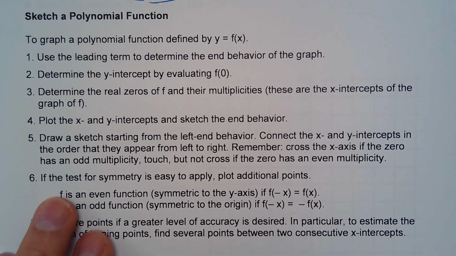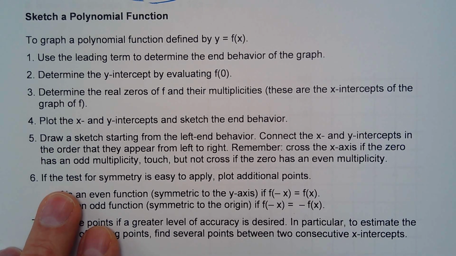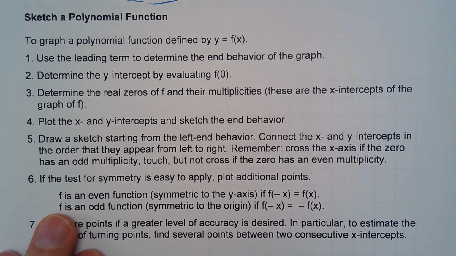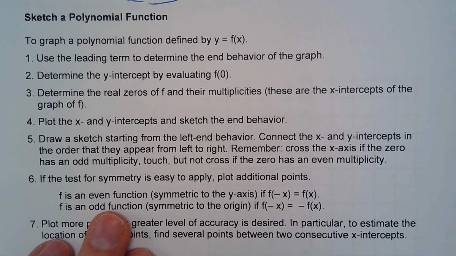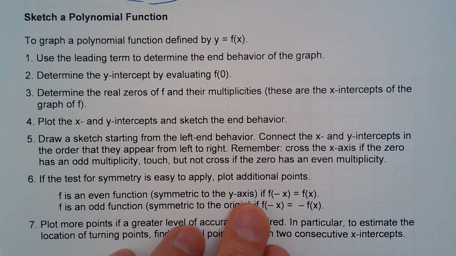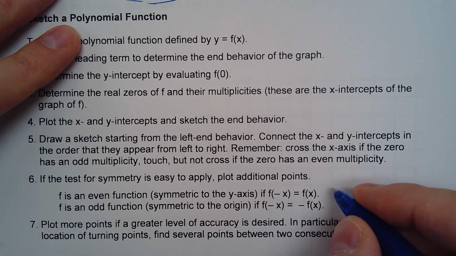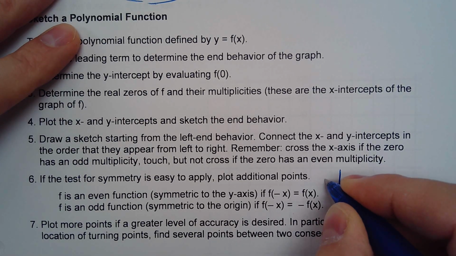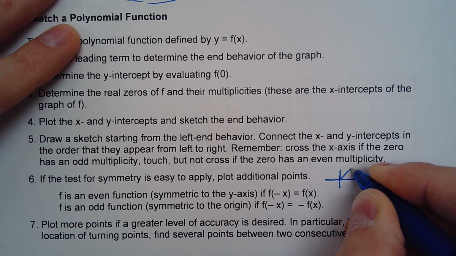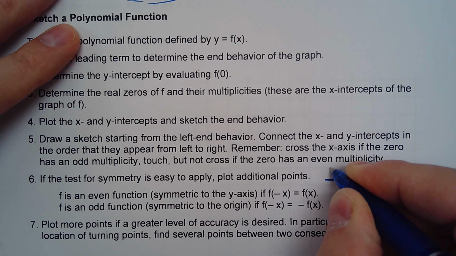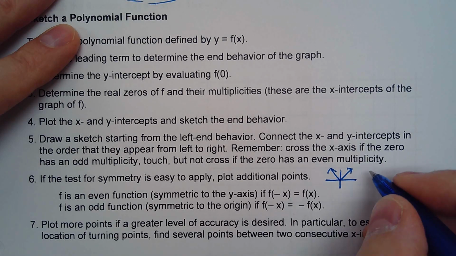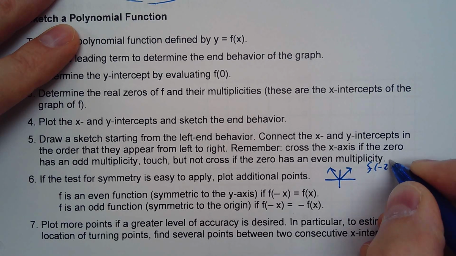You can do some tests for symmetry. So when we do a test for symmetry, the function's even if it's symmetric with respect to the y-axis. So again, kind of a little visual picture here when it's even. Think of your absolute value function. I look at f of negative 2.